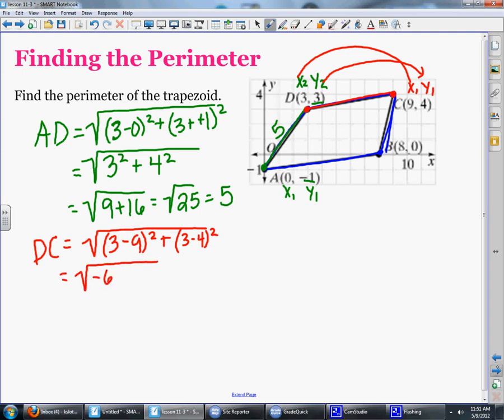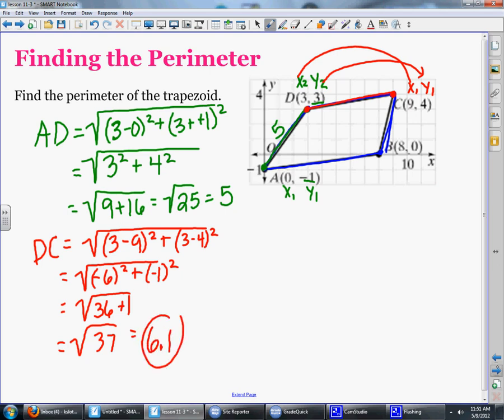So we have negative 6 squared plus negative 1 squared. Negative 6 squared is 36, negative 1 squared is 1. So we have the square root of 37, which is equal to 6.1. So this distance here is 6.1 units.